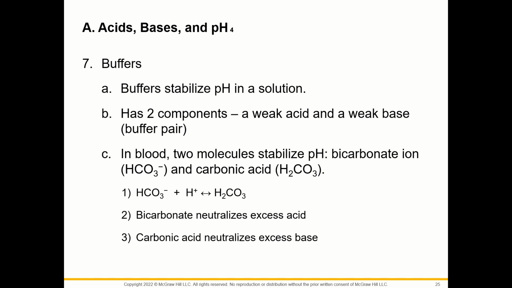We would go towards making more carbonic acid because the bicarbonate would accept or soak up the excess hydrogen ions. Thus, bicarbonate neutralizes excess acids, and then carbonic acid in turn will neutralize excess bases.